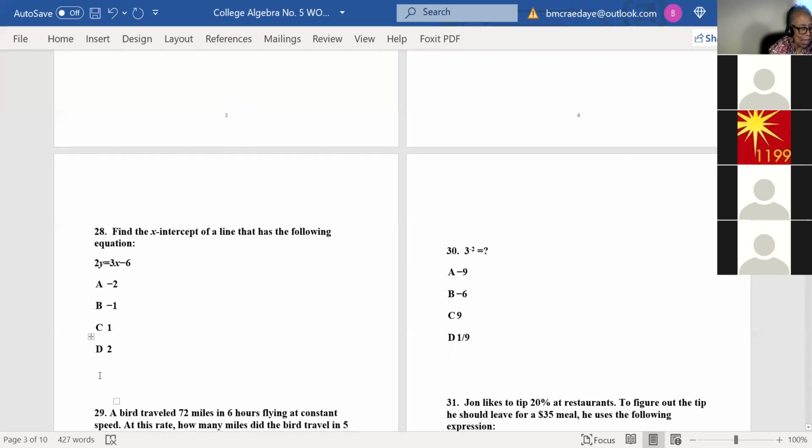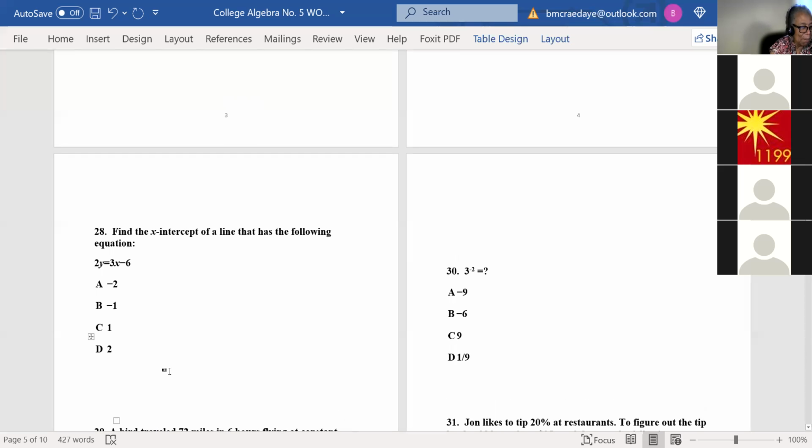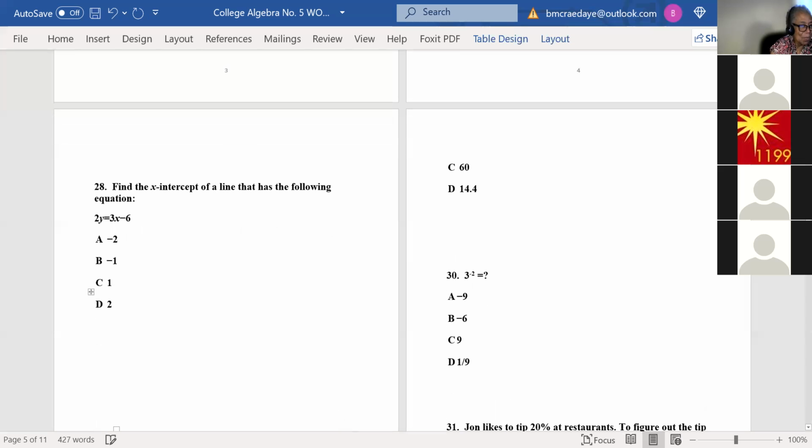Okay, Audrey, how do you define x-intercept? What does x-intercept mean? I'll do 2y divided by 2 equals 3 over 2x minus 6 over 2.